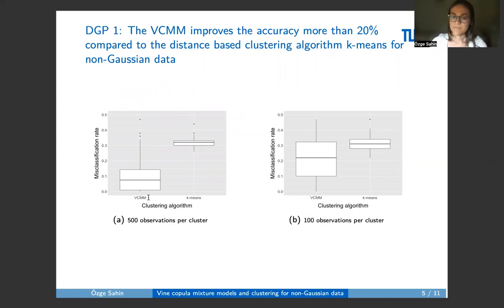Also, on average, VCMM's misclassification rate is worse with smaller sample sizes, but k-means is more stable, being independent of the sample size. This is normal because in vine copula mixture models we need many parameter estimations and model selection, which need more data to be stable.